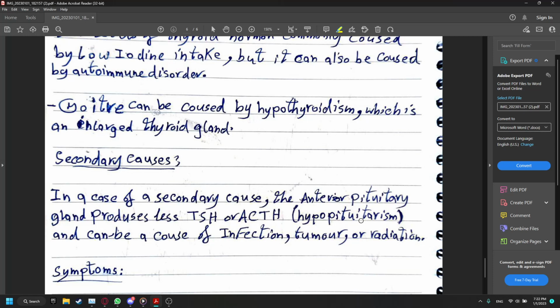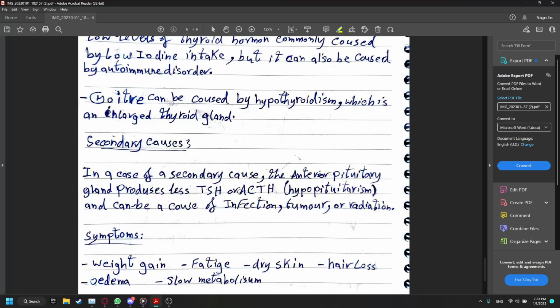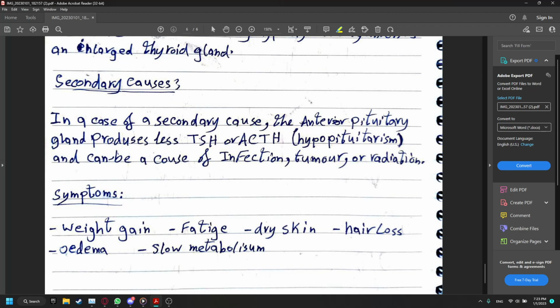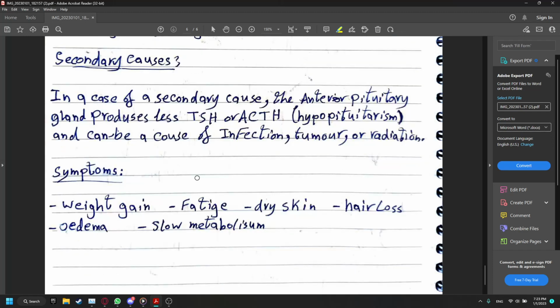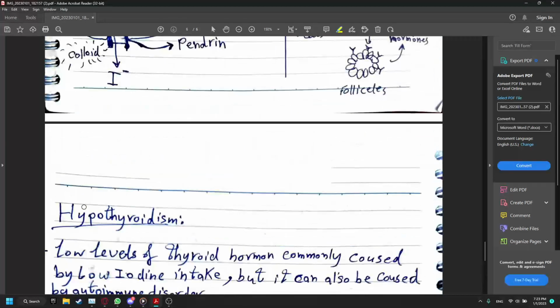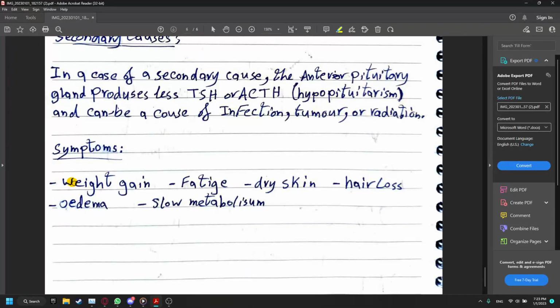Basically, your anterior pituitary gland produces less pituitary hormones, which can be caused by infection, tumors, or even radiation. Any of these can cause the symptoms. So what are the symptoms of hypothyroidism? It may cause weight gain, fatigue, dry skin, hair loss, edema, and slow metabolism.